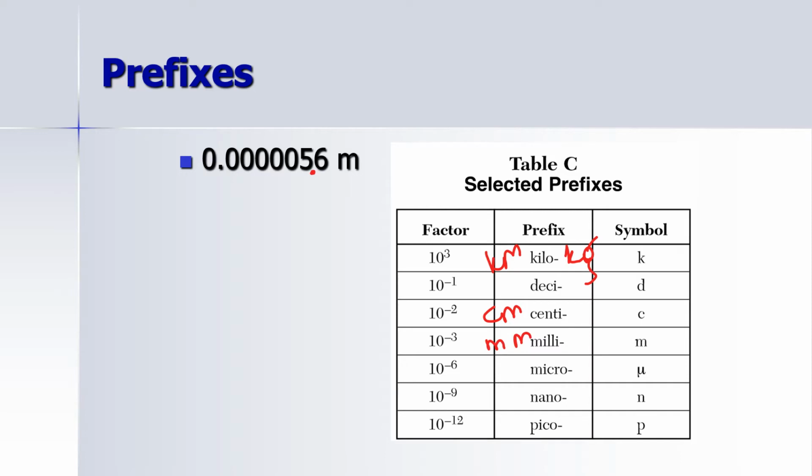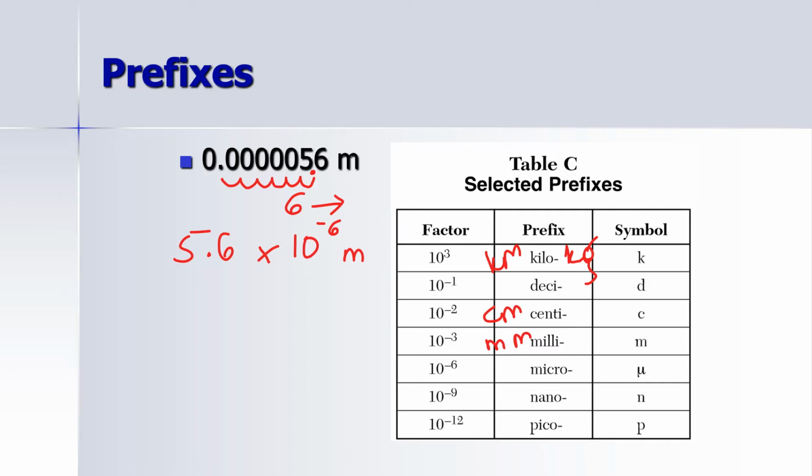So now we move our decimal so that it can be right after that 5. That would be 1, 2, 3, 4, 5, 6, 6 times to the right. And our number will now become 5.6. And because we are moving the decimal 6 times to the right, the power of 10 will be negative 6. Okay, so do not forget your unit.